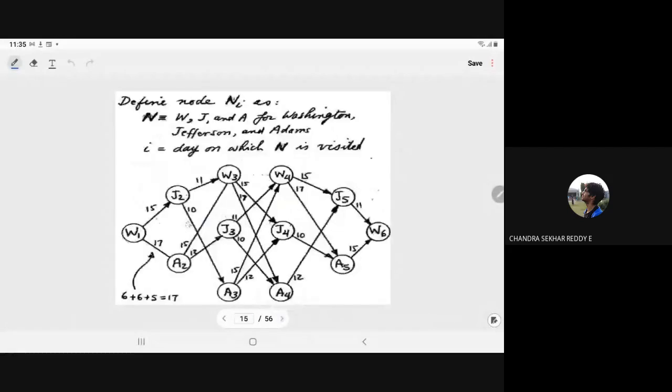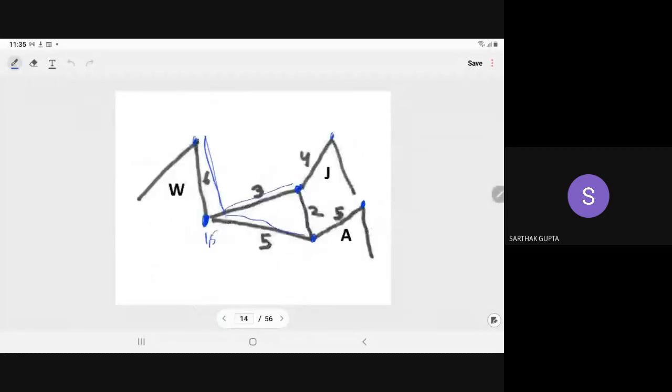Sir, can you explain how you calculated the number of miles covered on day one? For example, on day one, you have to start from the Washington base. So six up, then six down, and on the second day, if he wants to travel to the Jefferson, the base distance is 3.